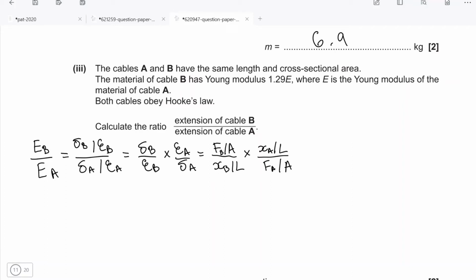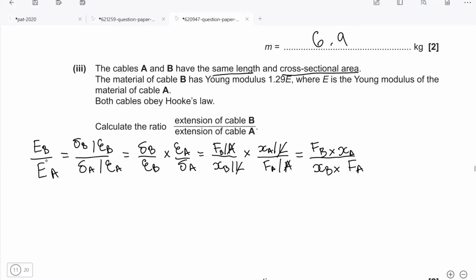Now, because the question says that they have the same length and the same cross-sectional area, excuse me, I can actually cancel these out like so, and what I'm left with is FB times XA divided by XB times FA. So I'm almost there. Now focus on this part of the fraction. I have EB over EA actually equals this expression.